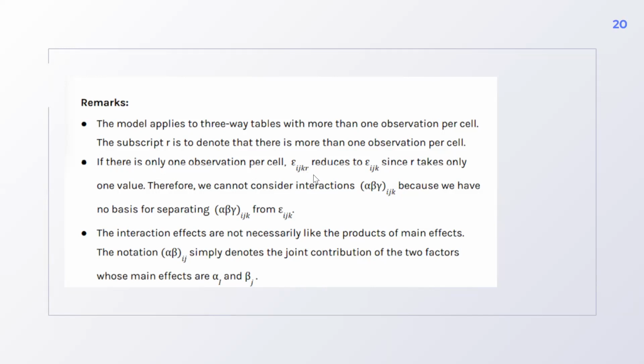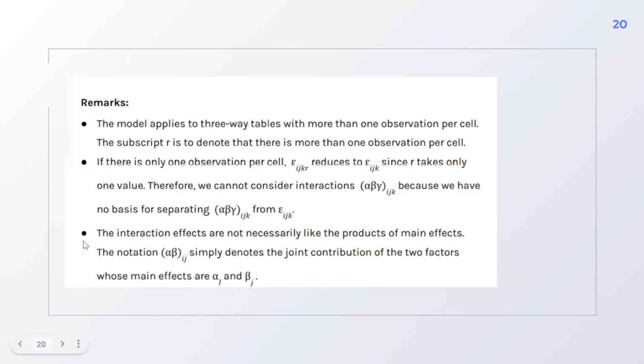Di ba maraming values yung cell? Iisa na lang yung value pag R is equal to 1. So, pwede mo nang pag-isahin yung interaction effects ng tatlo into just a single term of an error term sub ijk.